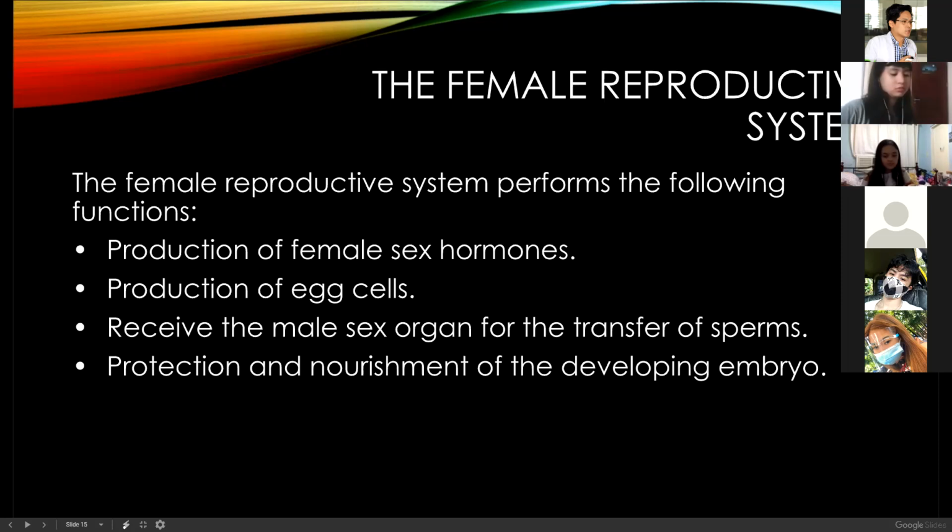Number four, protection and nourishment of the developing embryo, because you have your uterus. Again, production of female sex hormones, production of egg cells, receiving the male sex organ for the transfer of sperms, protection and nourishment of the developing embryo. Those are the functions of the female reproductive system.